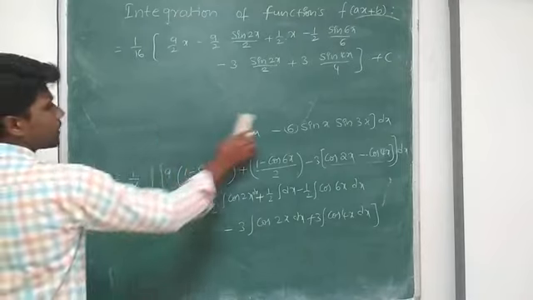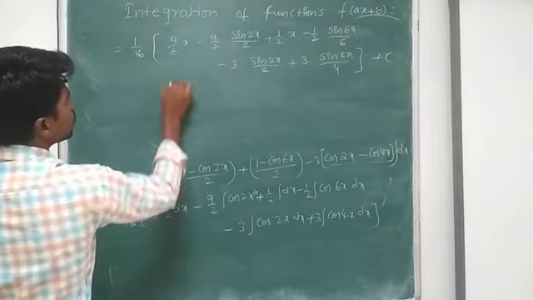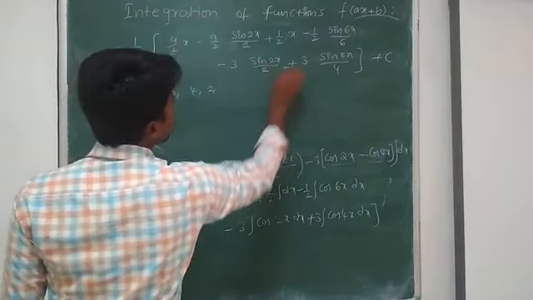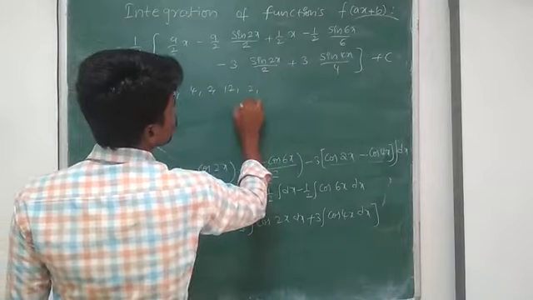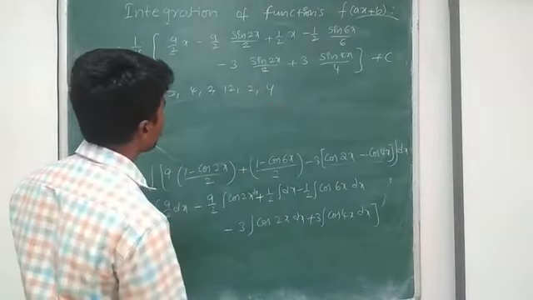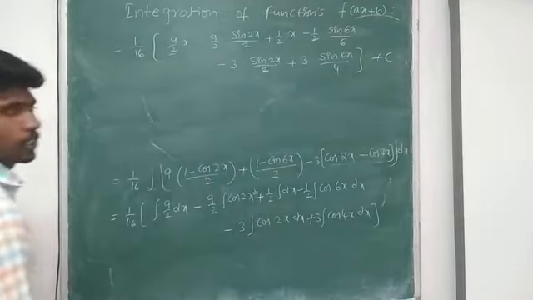So after this, we have to write the simplest form. Further, take the LCM of 2, 4, 2, 12, 2, 4. All are factors of 12, so we get the LCM as 12.